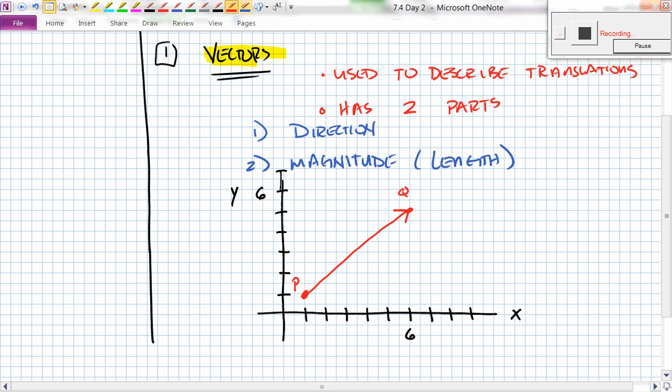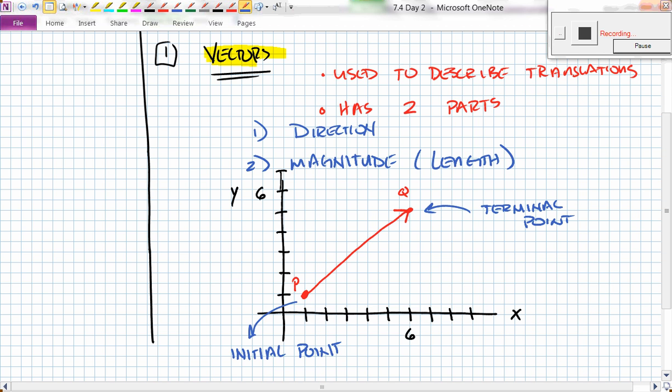So that means that P has to be the initial point, and Q has to be the terminal point. So we have an initial point and a terminal point.